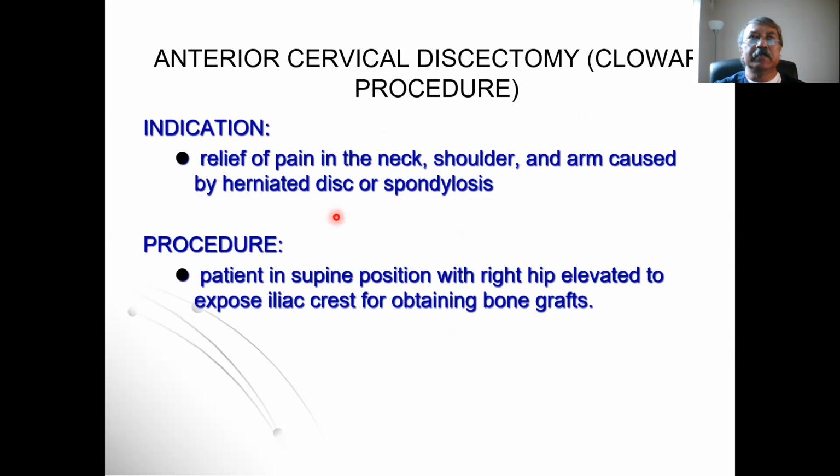Again, the same reason: pain around the area of the cervical disc. The pain caused by this disc problem, you find near the neck, shoulder, arm, all the way up to the hand. Sometimes we call it radiculopathy, which means the electric shock-like pain that goes down the arm all the way up to the fingertip.